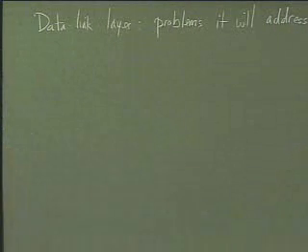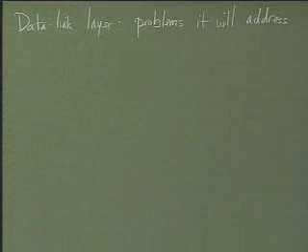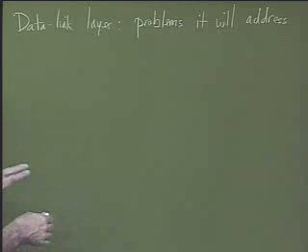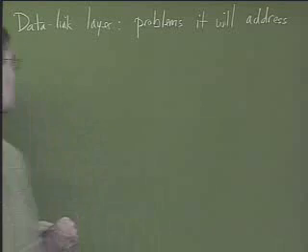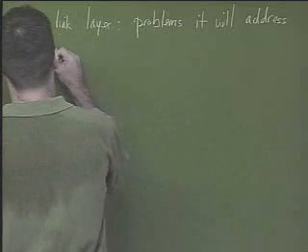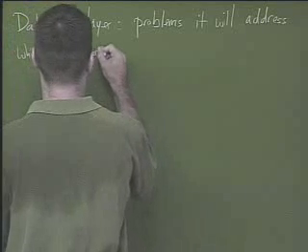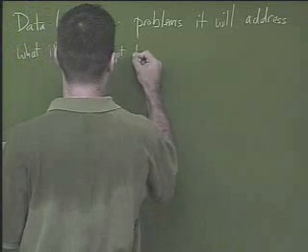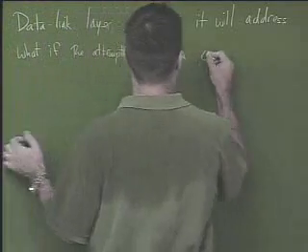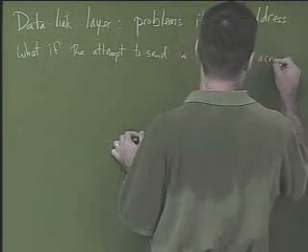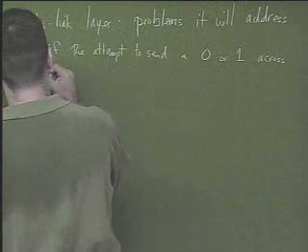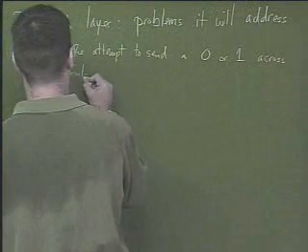Okay, so from the data link layer, we're not concerned so much with how to physically get this 0 or 1 across this link, but we are concerned with addressing the problems if something arises that stops us from getting this 0 or 1 across the link. So what if the attempt to send 0 or 1 across the link fails?